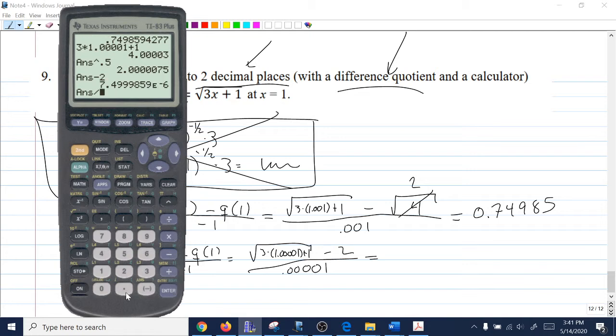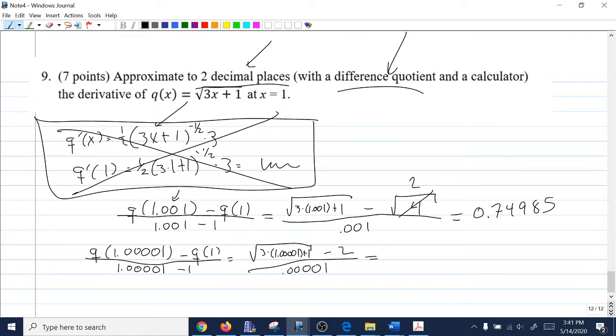Divide that by 0.001. I divided by the wrong number. I need to move the decimal place 2 more times because I divided by 0.001 instead of 0.00001. I get 0.74999.